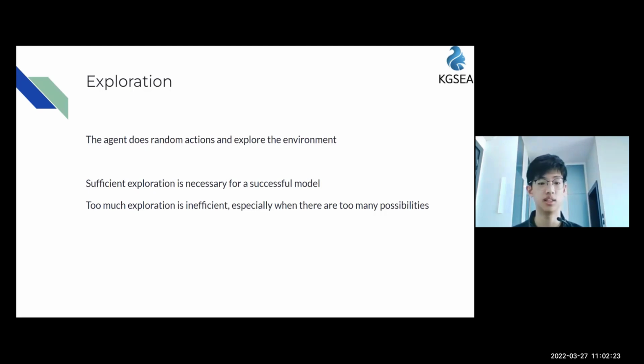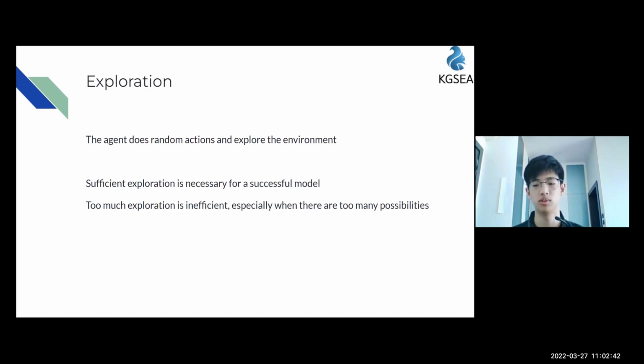And this is going to be the same thing for the agent. It's going to do random things, and it's slowly going to learn. So exploration is necessary, right? You can't just start making decisions when you don't know anything. But the problem is you can't explore forever.